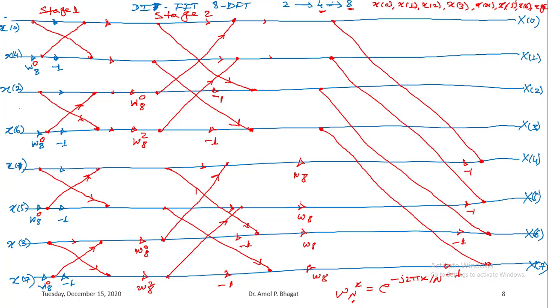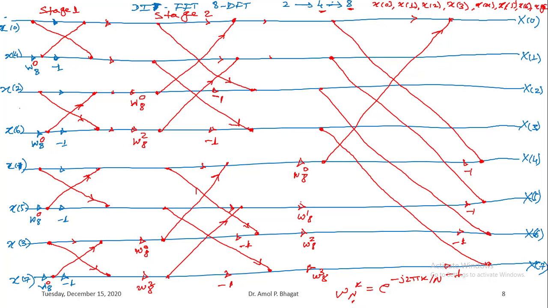We'll take the twiddle factors in that sequence. So W80, W81, W82 and W83 will be there sequentially, right? These twiddle factors will be utilized there, and from these points you will again be joining these lines.